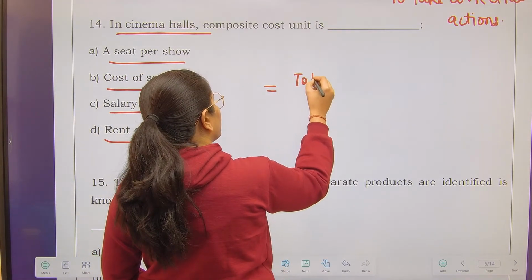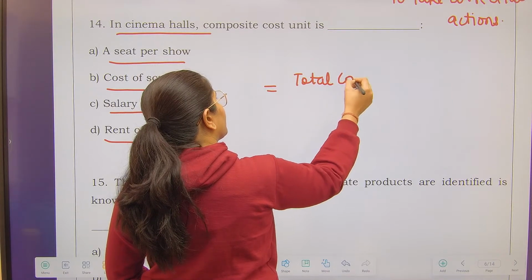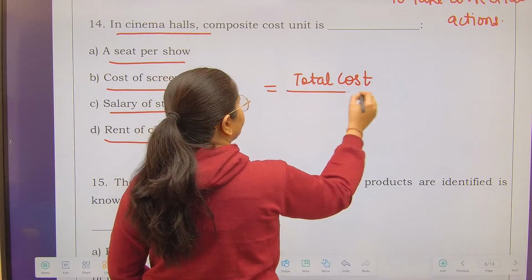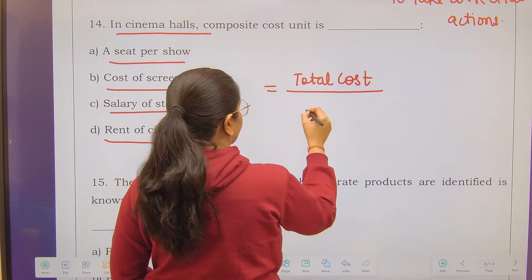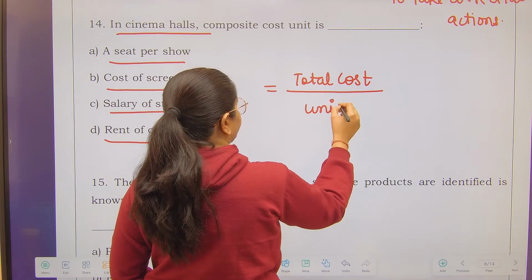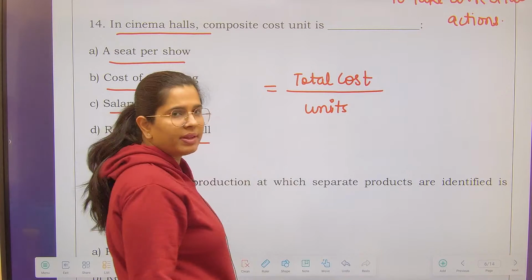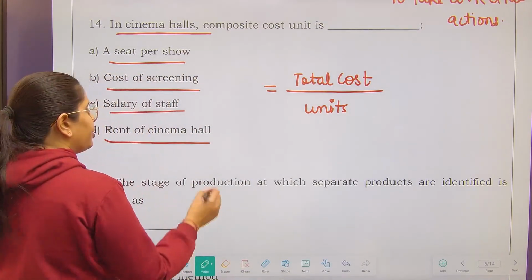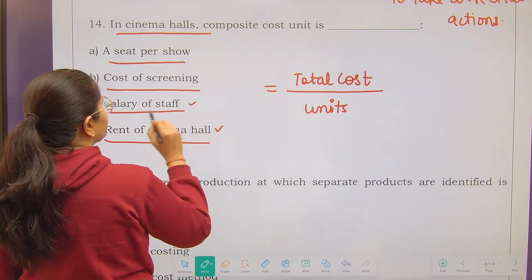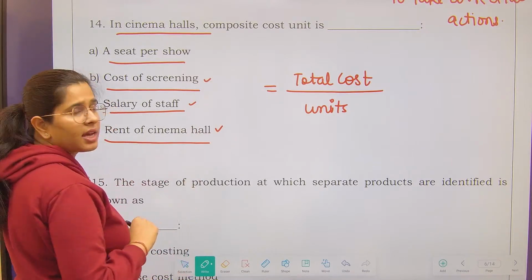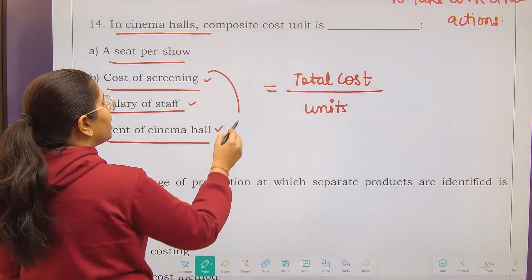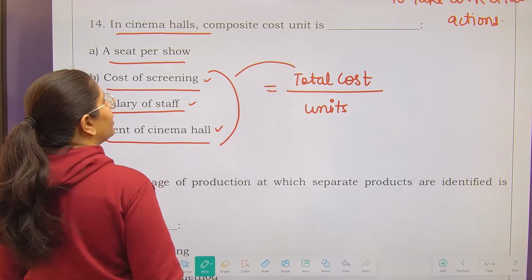One is the total cost and the other thing is units, meaning on what basis you should divide your total cost. Rent of cinema hall, salary of staff, cost of screening, these are all part of my total cost.